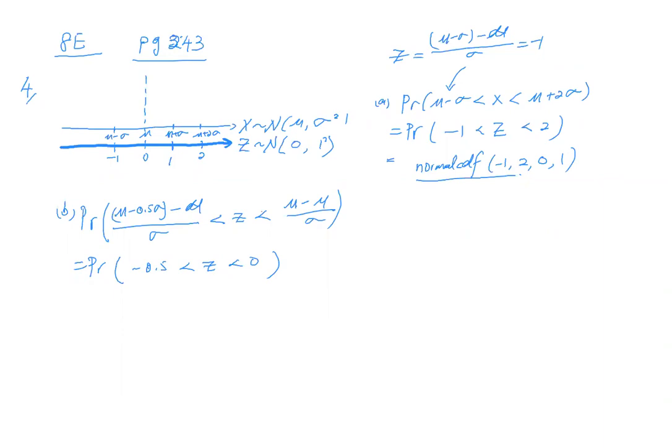Okay, so for C, I will prefer to do it this way. Mean minus A standard deviation, take away mean, divide by standard deviation is equal to 0. So -A over standard deviation divided by standard deviation equal to 0. So -A equal to 0. So A equal to 0. The other end, I will do it like that. This is my x-score.